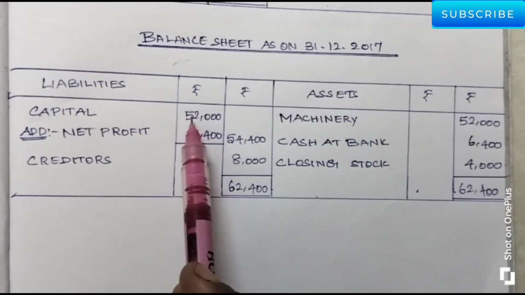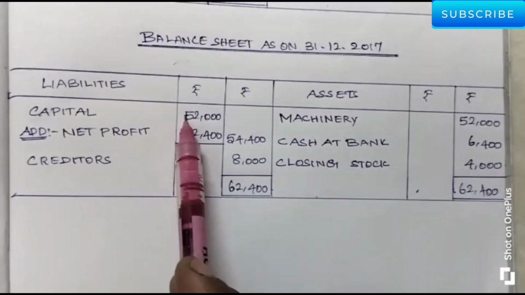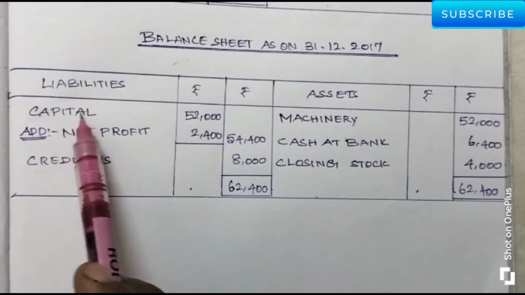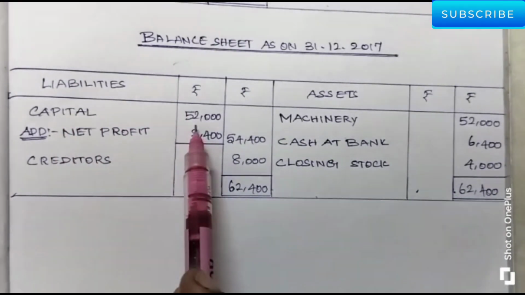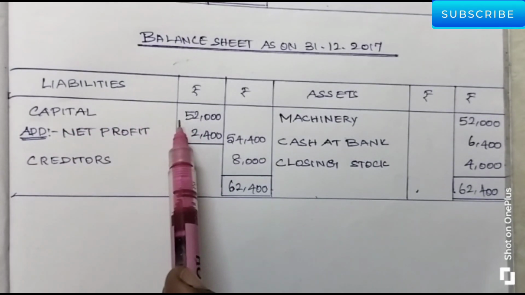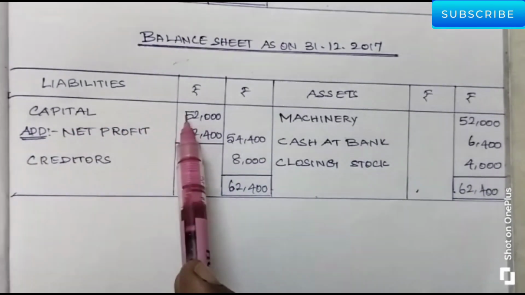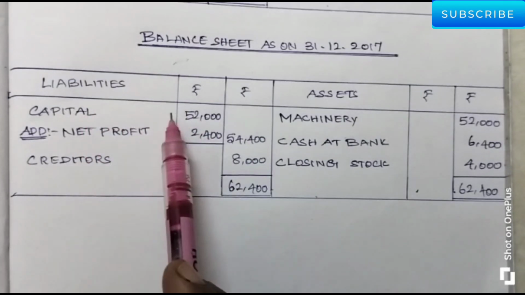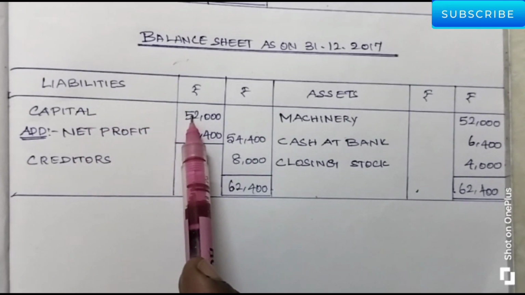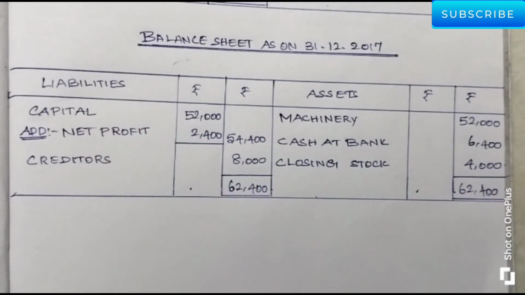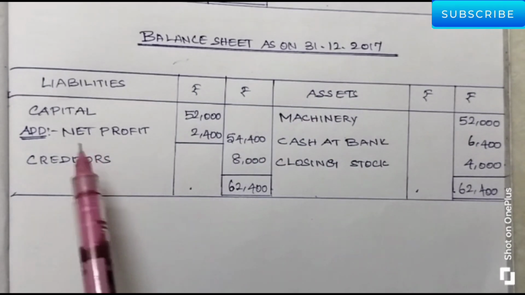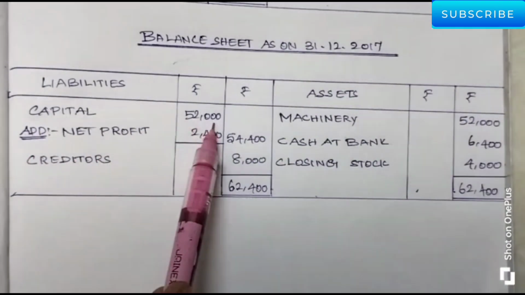You know the reason why we enter the capital amount in the inner amount column: because capital has some calculation, so for that some adjustment we have to do with the capital. So we have entered capital 52,000.